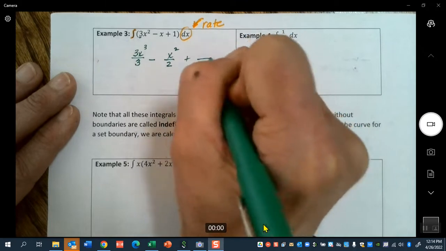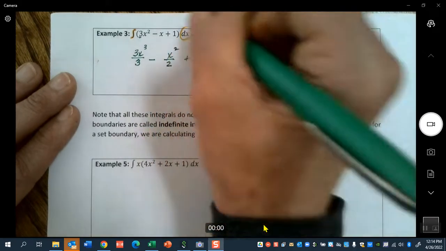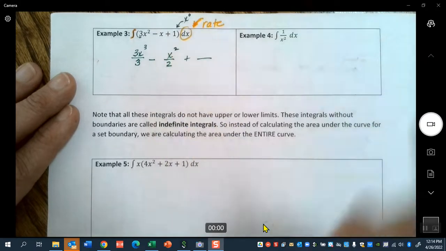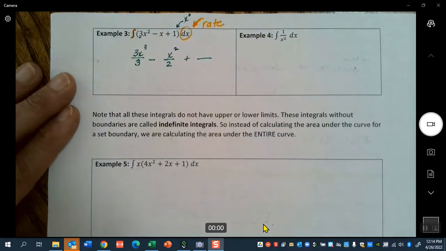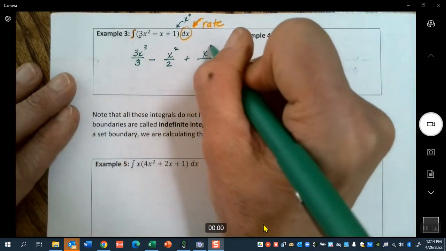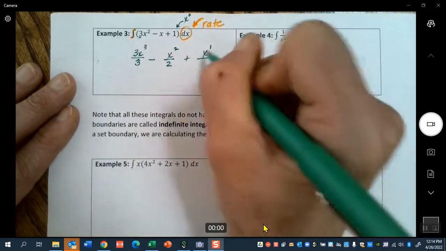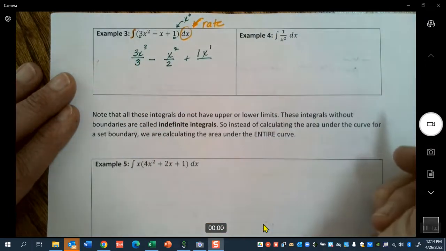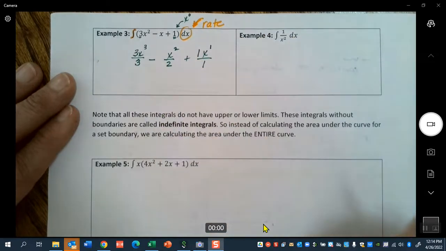Now this is tricky here because what I want you to think about is this 1 has an x to the 0 as its variable. So when I take x to the 1 greater power, and I have that 1 as a coefficient, I divide by that 1.